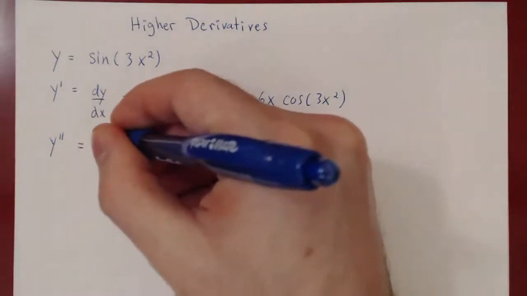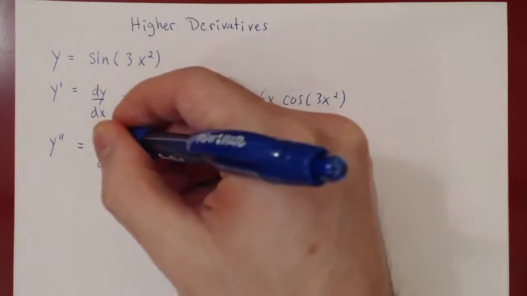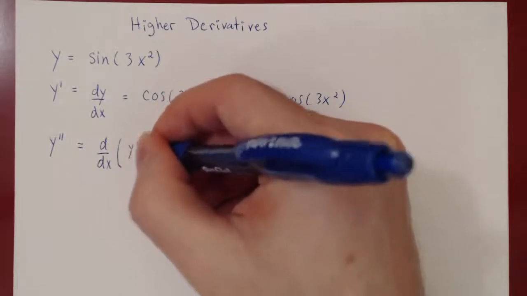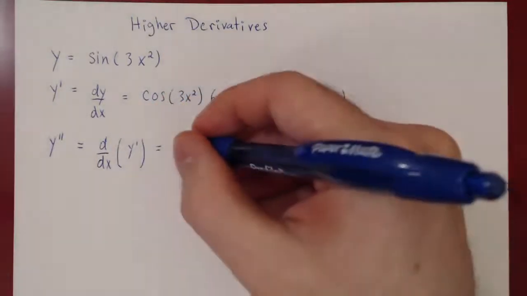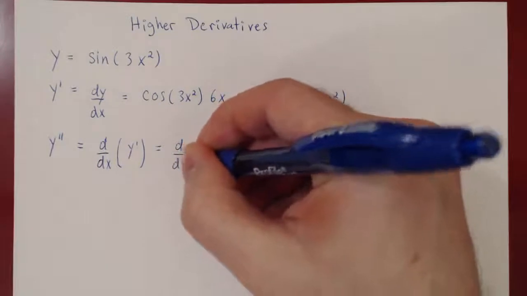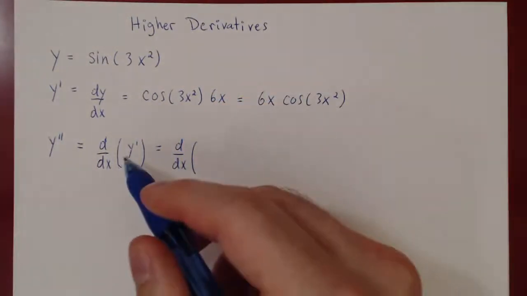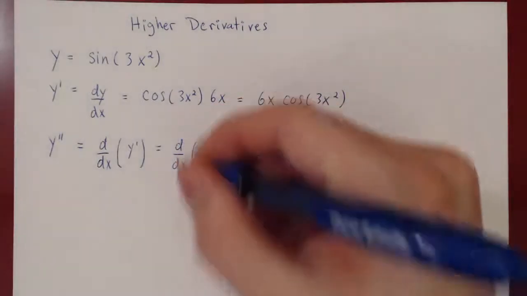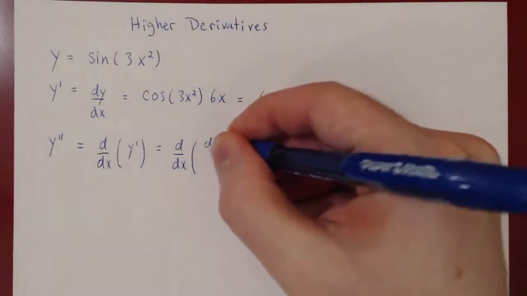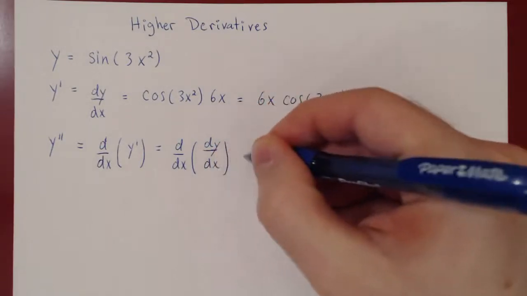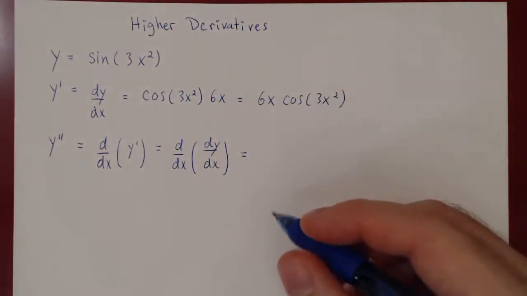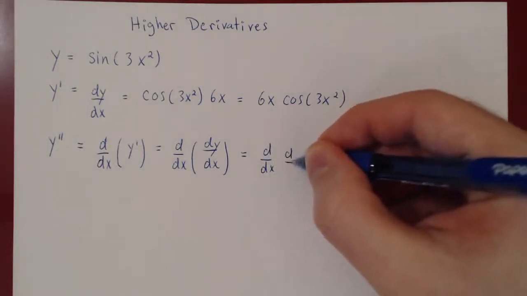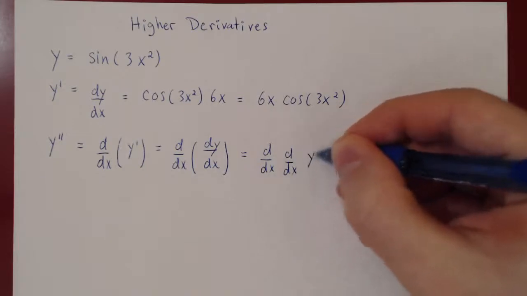So this will be the derivative, d over dx, we differentiate y prime, which we can also write as the derivative of, you can replace y prime by dy over dx. So we differentiate the derivative of y with respect to x. And there's a way of writing this. If you write it this way, you have the derivative of the derivative of y.